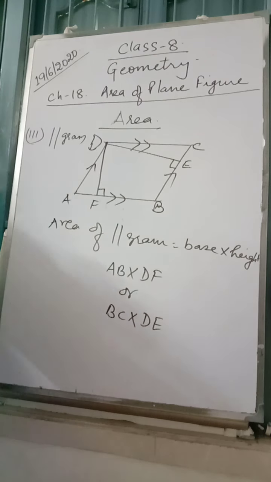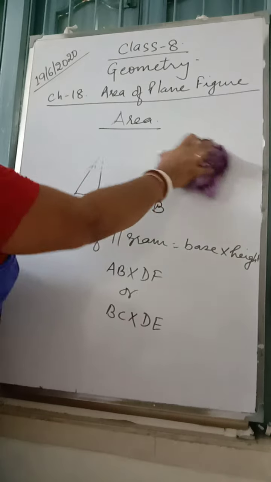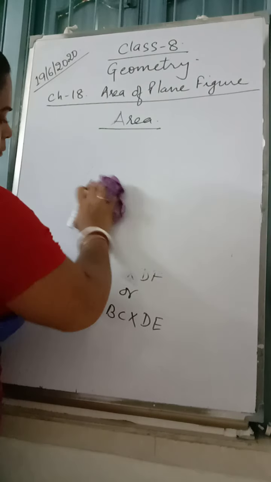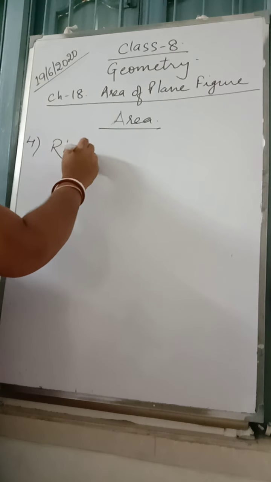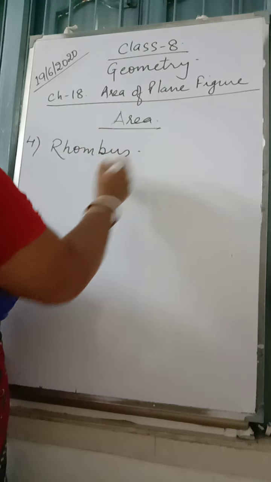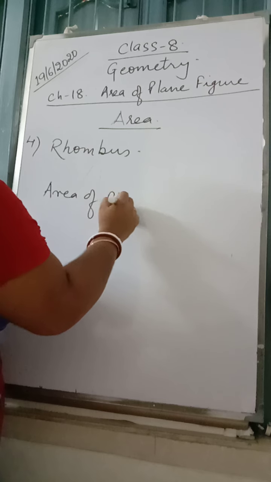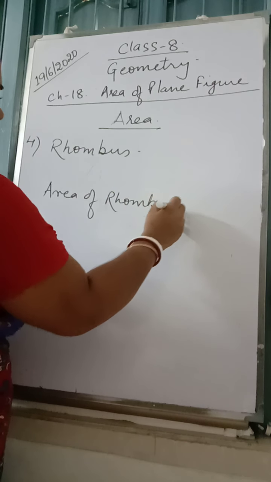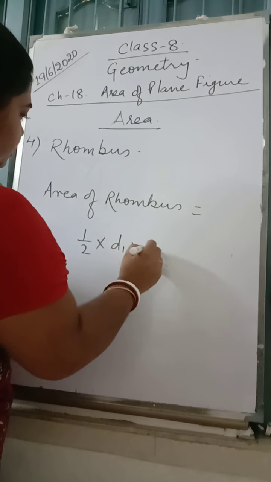Next we have rhombus. Number 4 we have rhombus. Area of rhombus is half into d1 into d2.